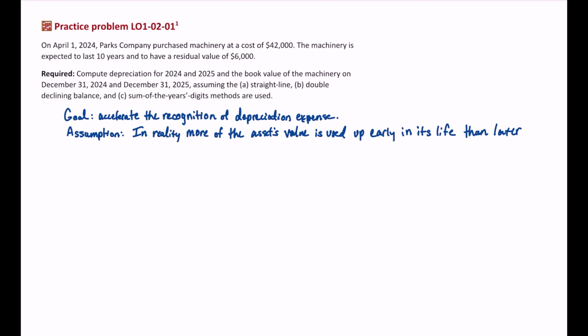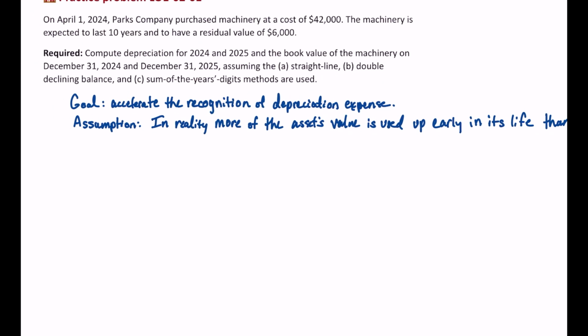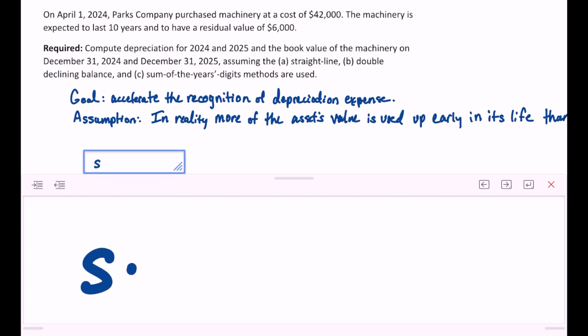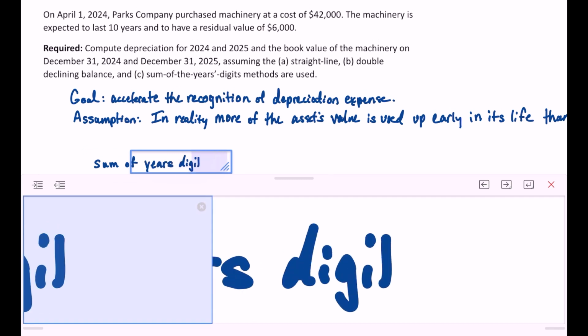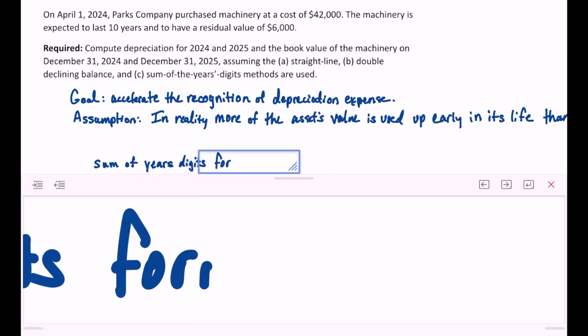So what does this thing look like? Well, the sum of years digits method says that you can take the useful life of the asset and plug it into this. This is the sum of years digits formula.